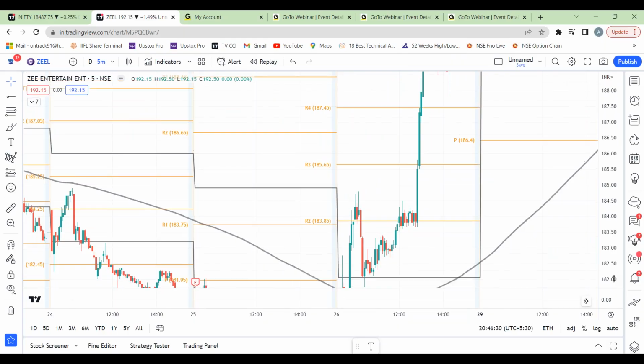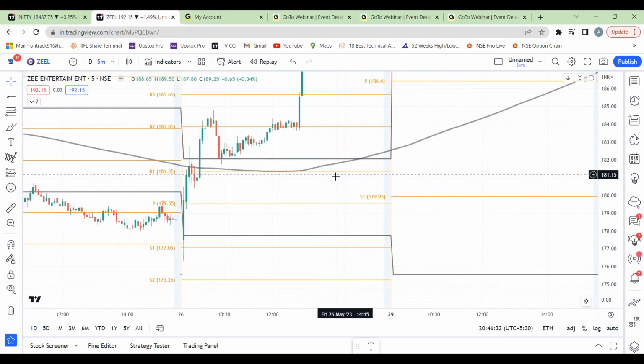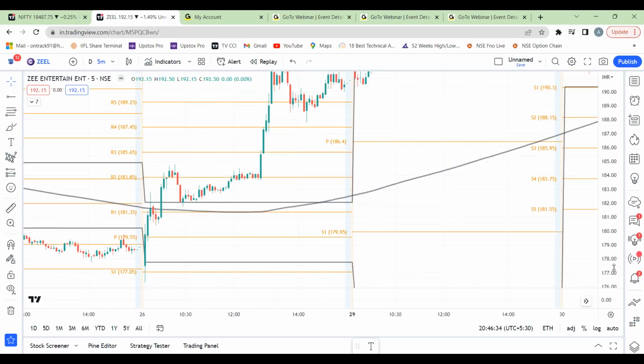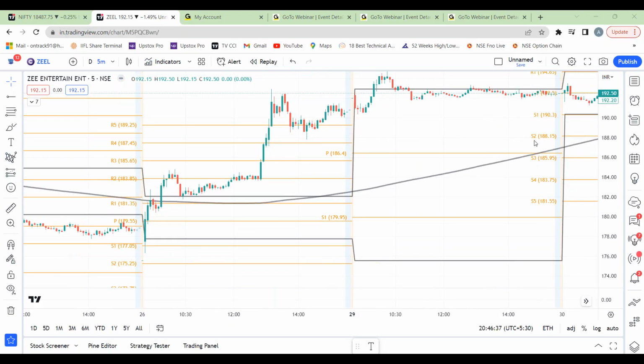Now what is the trend of stock telling us? Why did we pick it up? See the opening candle, gorilla candle. See the strength of candle. So compared to the average size of the candles in previous trading session, at the opening when you see this strong candle, we address it as a gorilla candle.